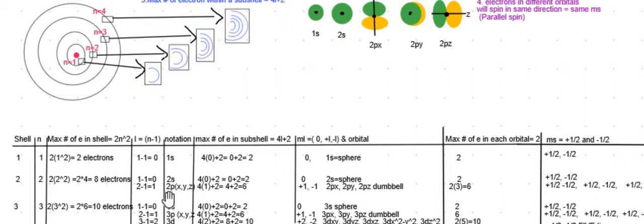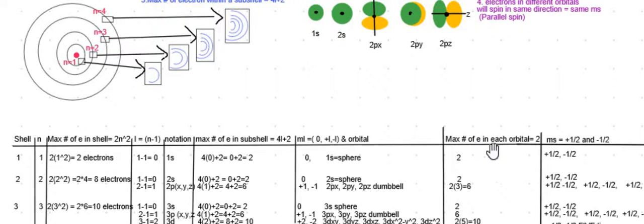For the 2p orbital, the L value is 1. Because the L value is 1, ML is 0, plus 1 and minus 1, and so you would have 2px, 2py, 2pz. The shape is a dumbbell shape: 2px, dumbbell shape, 2py, dumbbell shape, 2pz, dumbbell shape.